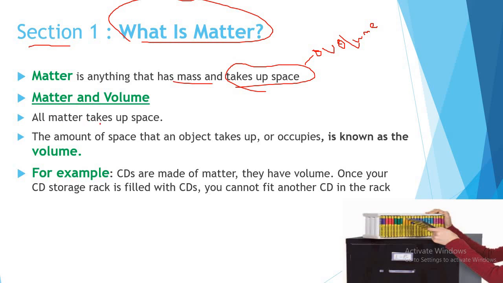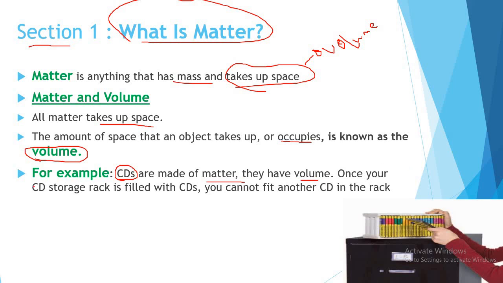All matter takes up space. The amount of space that an object takes up or occupies is known as the volume. For example, CDs are made up of matter. CDs are matter. They have volume.